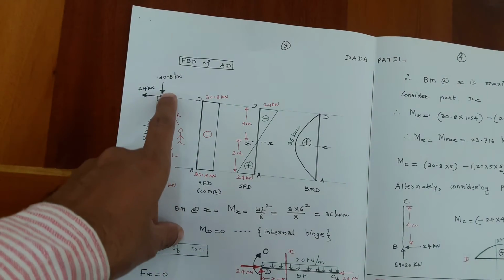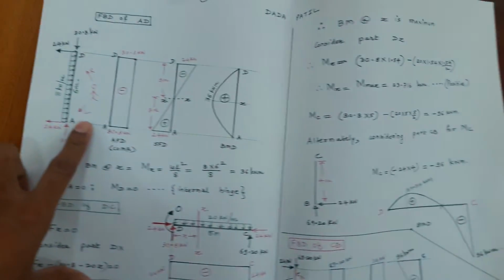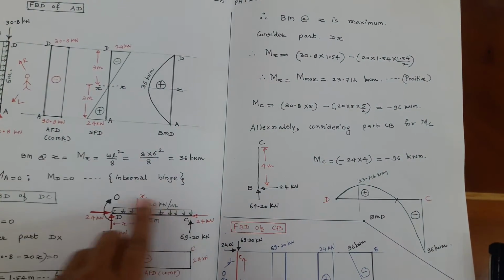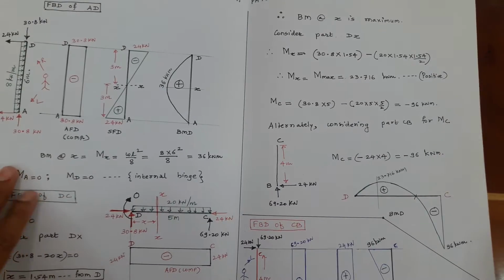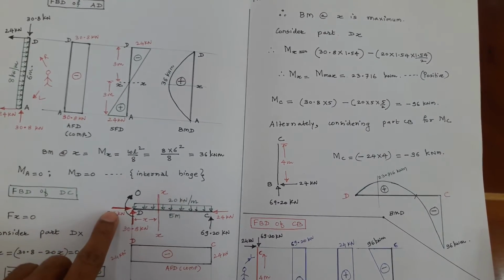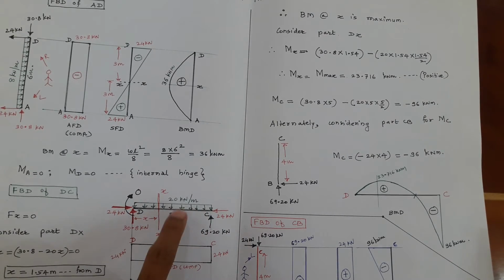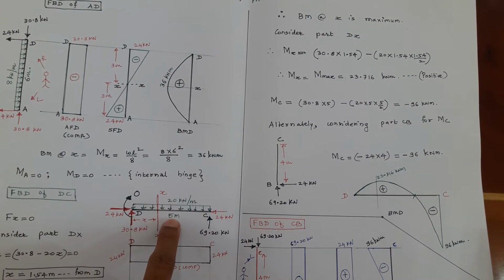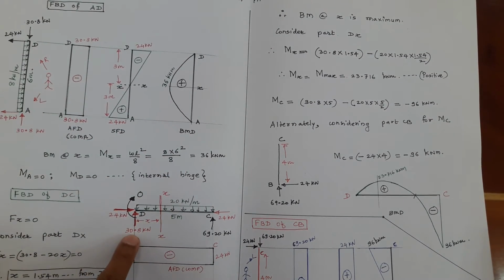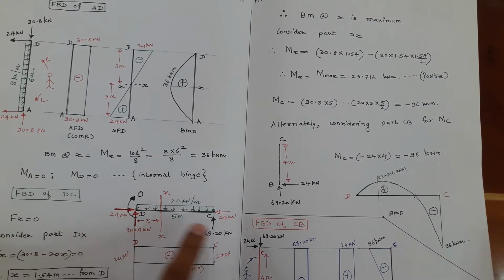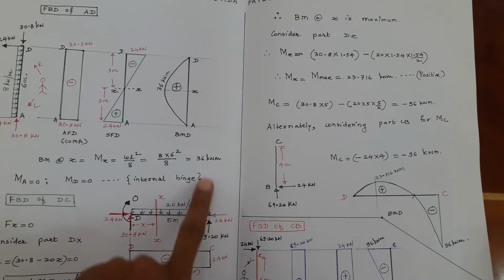Again, coming to this 24 kilonewton at D going towards left, when I consider part DC, you just reverse that direction, 24 kilonewton going towards left for the horizontal equilibrium of particle D. Now, again if this is 24, this must be 24. Again, this 20 into 5 is 100 kilonewton going in the downward direction. Already here it is 30.8, so 100 minus 30.8, the remaining internal reactive force is 69.2 kilonewton going in the upward direction.